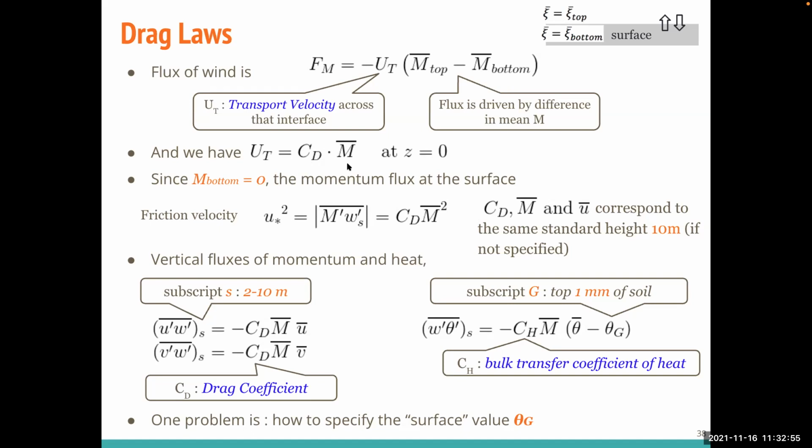So we can replace the UT by this parameterization, right? So now you have CD and M bar square. Into different dimensions, this is what you have, you have replaced UT in here.